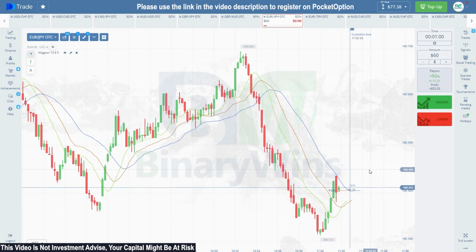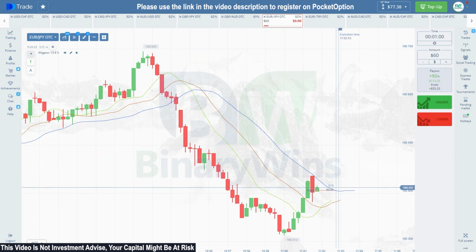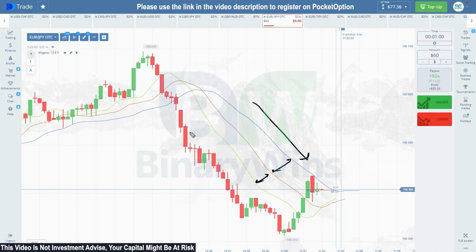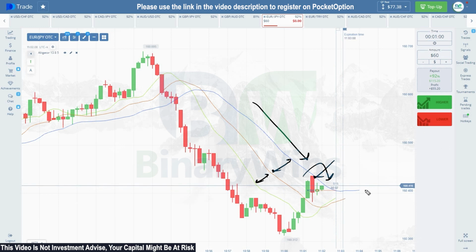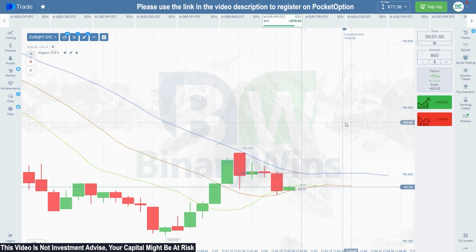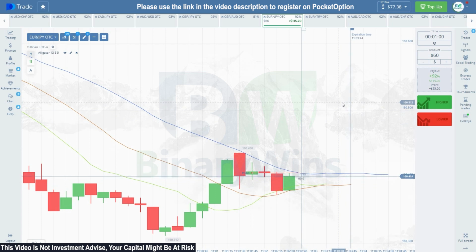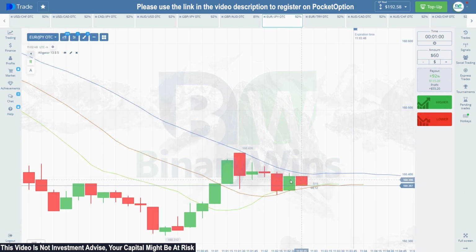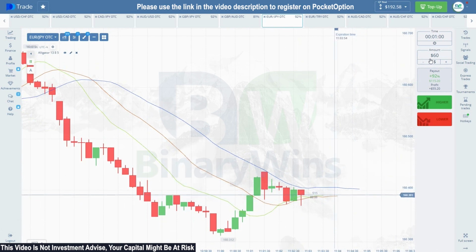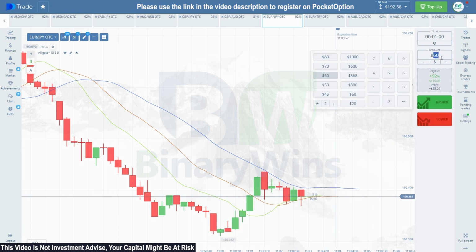I entered the lower trade. As you can see, our trend is downtrend. The indicator lines are separated, which means the trend is strong, and there is a reversal candle on the dynamic level. Well, we had some luck in this trade. The trend was about to reverse. Okay, let's go to the next trade.